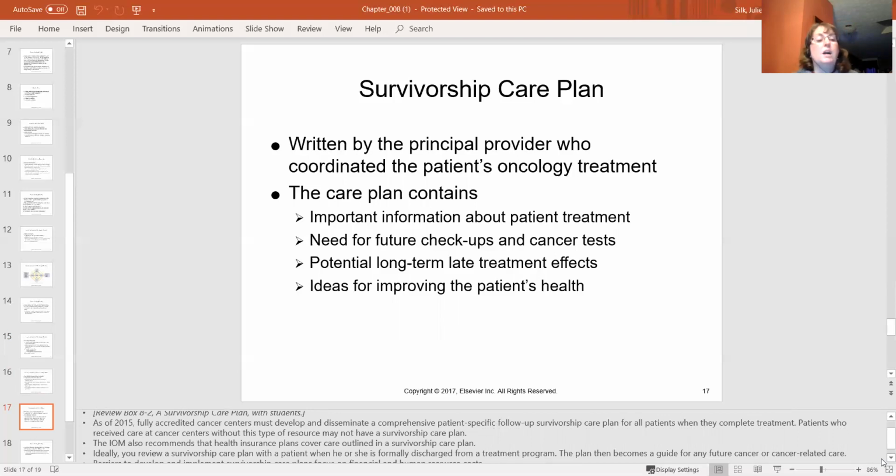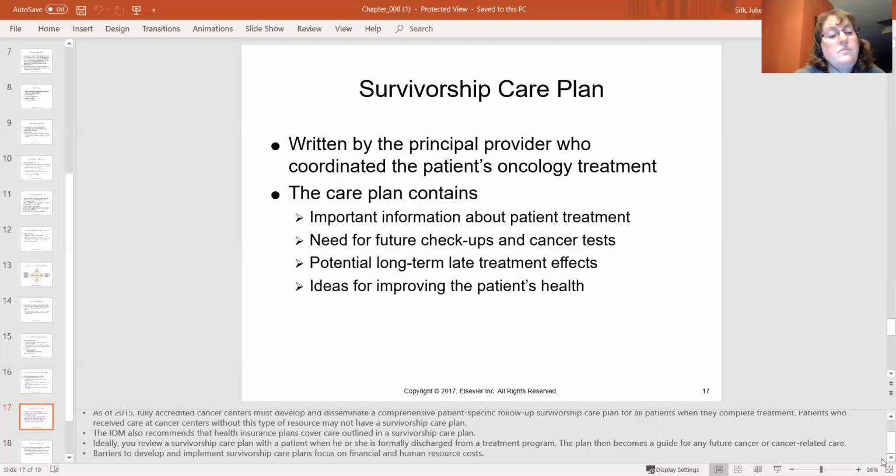The IOM also recommends that health insurance plans cover care outlined in the survivorship care plan. Ideally, you review a survivorship care plan with a patient when he or she is formally discharged from a treatment program. The plan then becomes a guide for any future cancer or cancer-related care. Barriers to develop and implement survivorship care plans focus on financial and human resource costs.